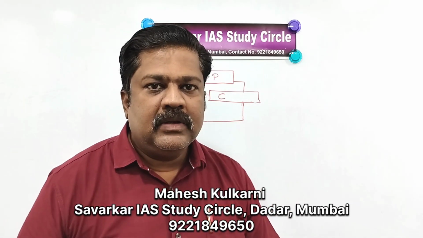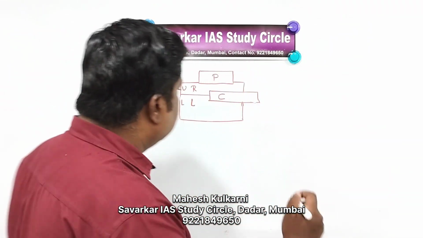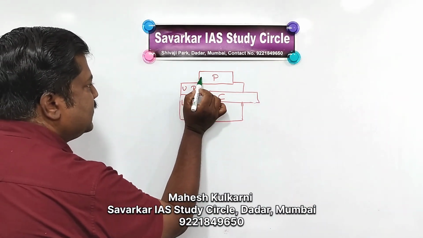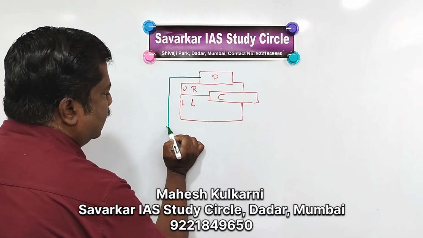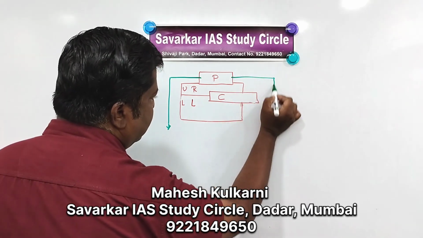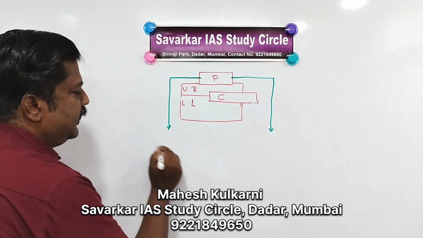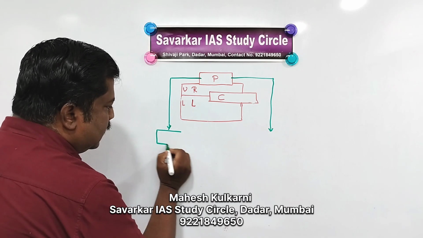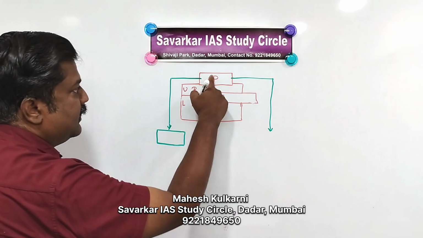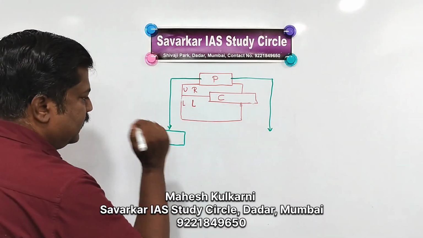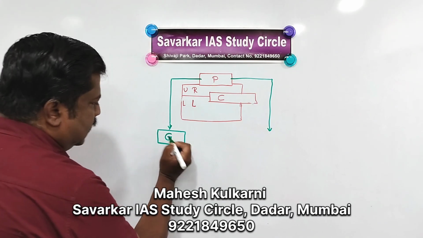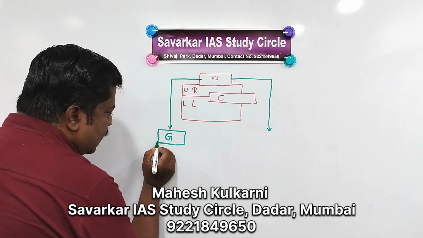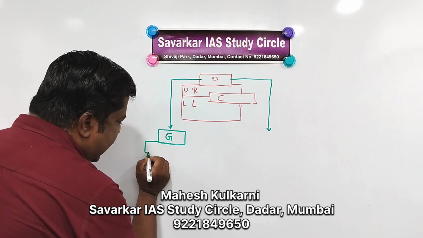Now we are discussing the structure of state government. Here I have to show that various state governments are there, many like that, but here I am showing only one. Purposefully I have connected the president with this box. This is the governor.